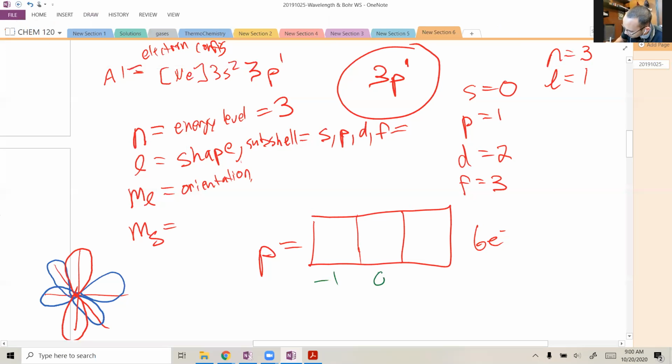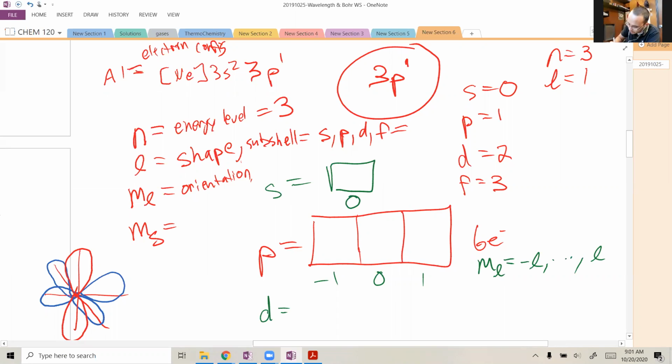So the way I like to think about it is the center one is our 0. And then depending on how many boxes you have, you have a negative one and then you have a positive one. You can kind of think that your M sub L goes from your negative L all the way to your L. So what that means is that if you are S, you only have 1 orbital, so your M sub L has to be 0.